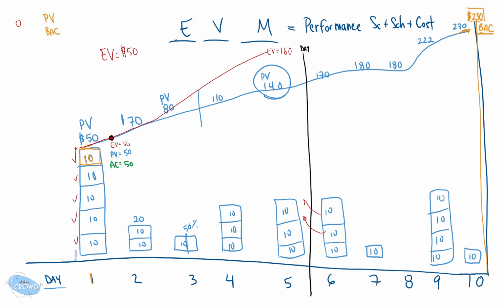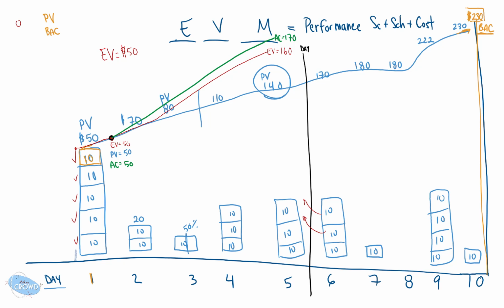Now let's also do our actual cost, and I'll go high as well. To earn that value, we really paid some overtime or had some extra equipment, and it cost us 170. All right, we've got the 3 values that we need to run our equations for earned value management.